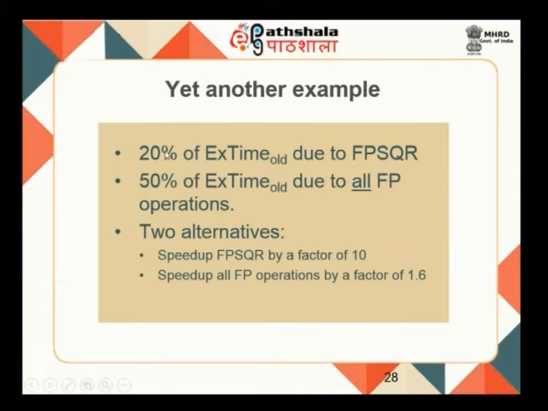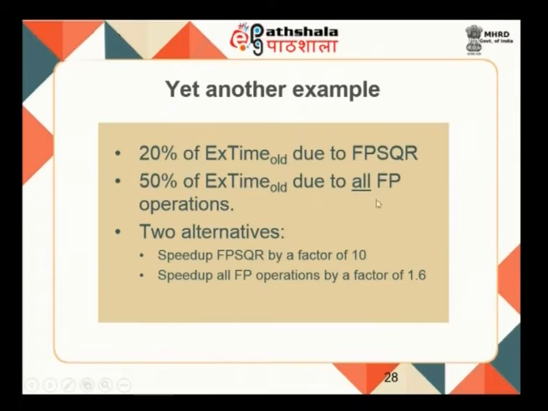Say 20% of your old execution time is due to floating point square root instructions and 50% of the old execution time is due to all floating point operations. Which alternative would you choose? Would you try to speed up only the floating point square root unit by a factor of 10, or try to speed up all your floating point operations by a smaller factor of say 1.6?